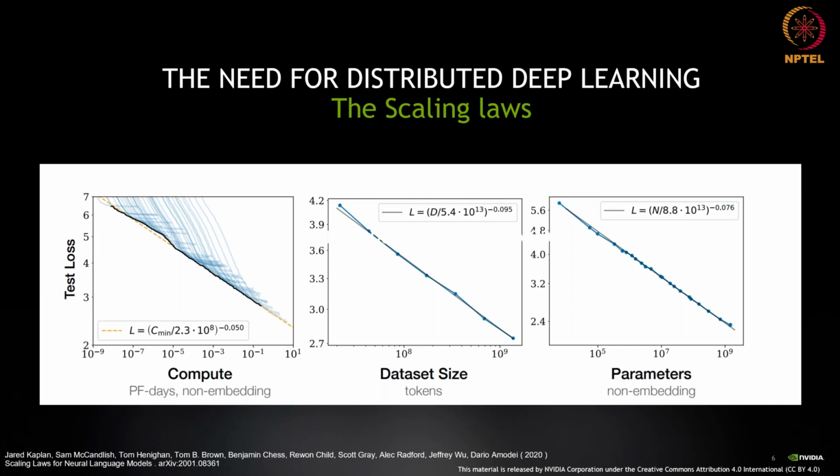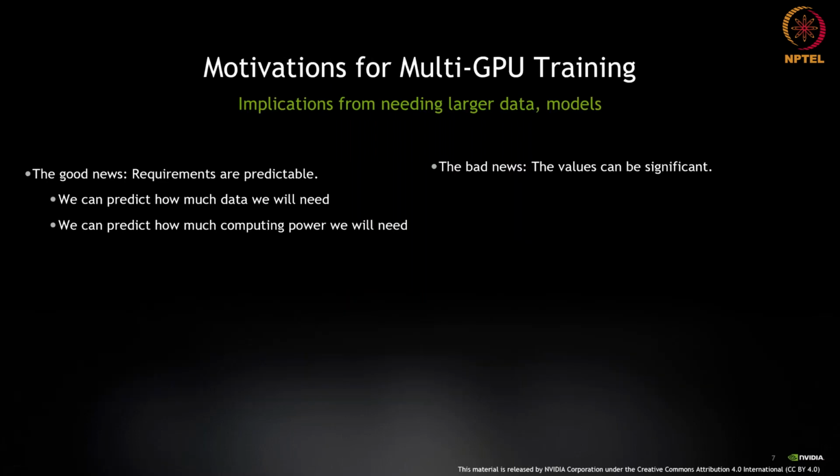So that is one of the critical things: we don't talk anymore about using a single GPU for larger problem statements. If I look at the motivation for the GPU training, the good news is that now we can predict how much data we will need to meet our performance goals.